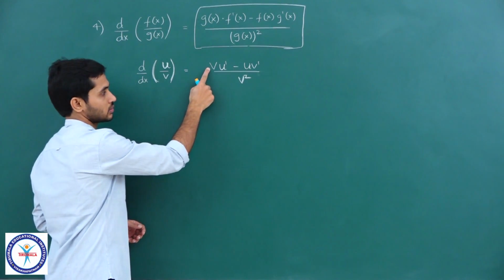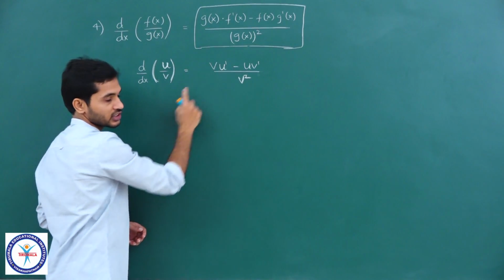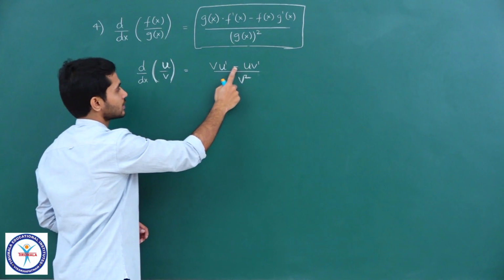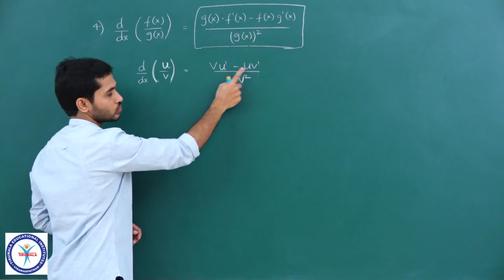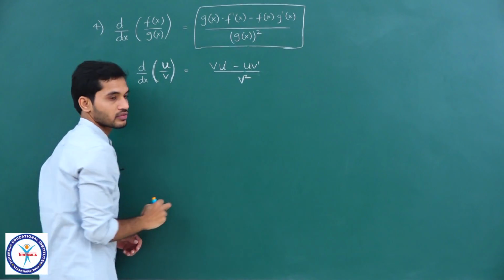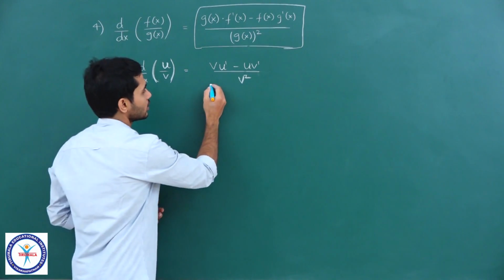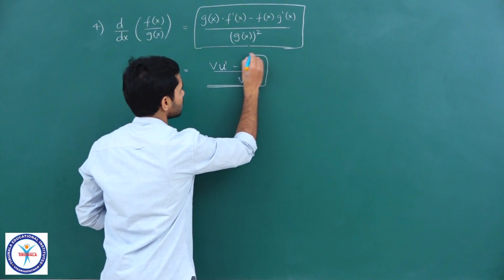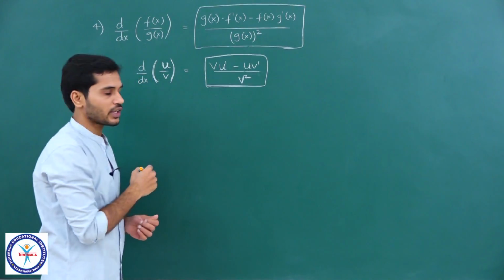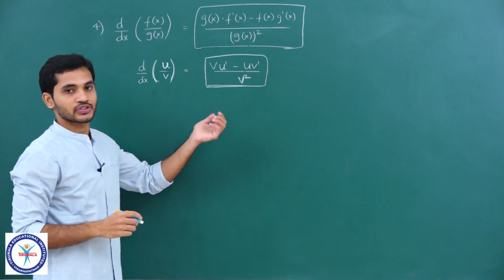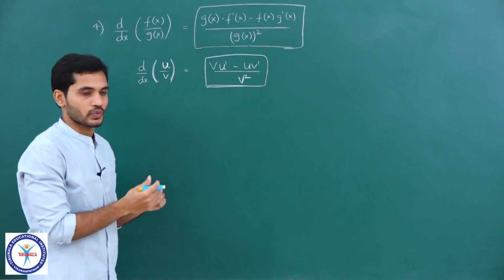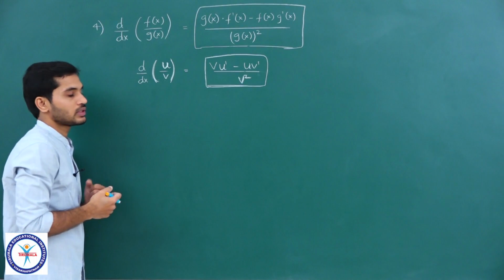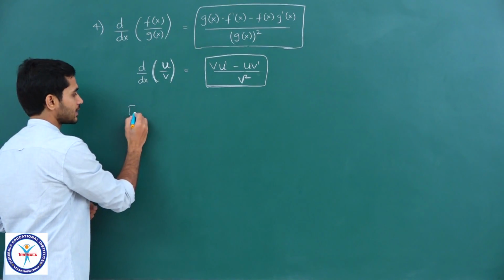Second v into derivative of first u minus first u into derivative of second v dash, clear, that is it. So, you can remember this, it would be helpful, right. So, v u dash minus u v dash by v square, right. So, let us take an example to understand this.